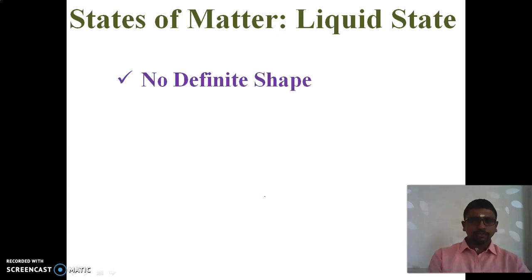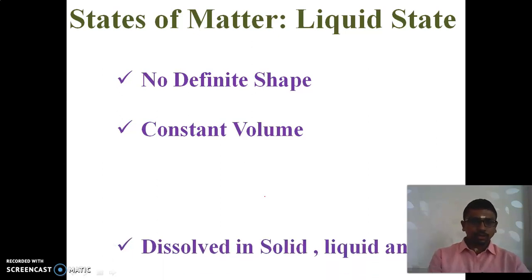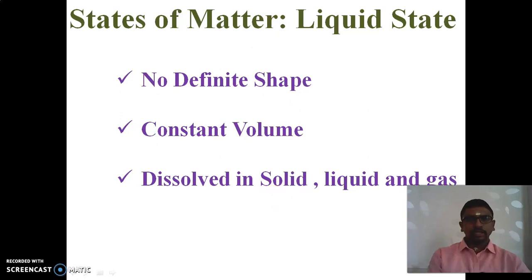So the definition of liquid is that it does not have a definite shape, but it has a constant volume, and liquids dissolve in solids, liquids and gases.